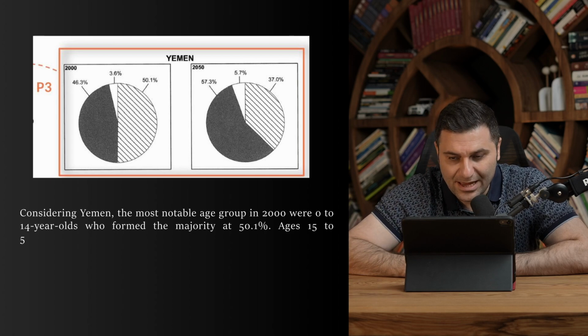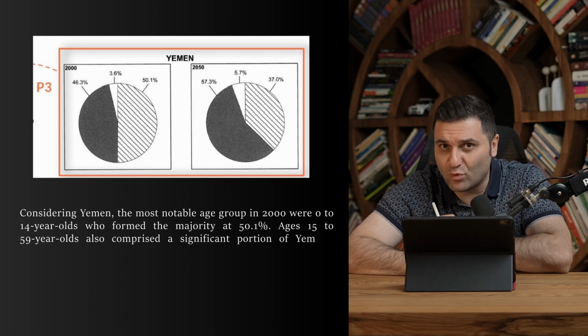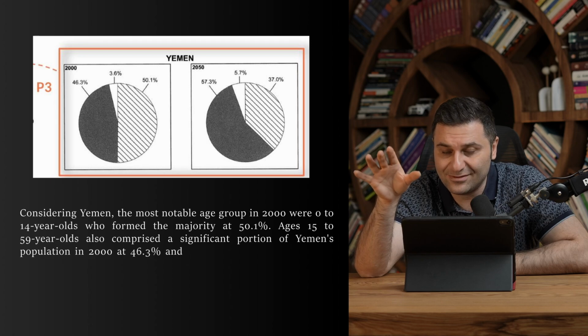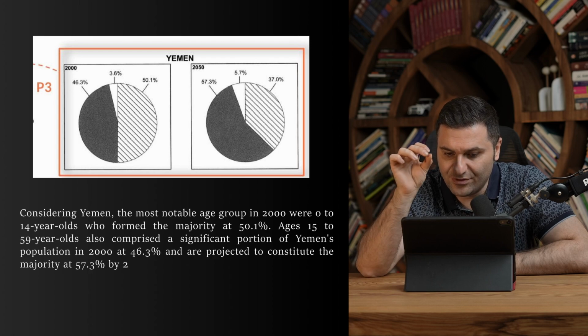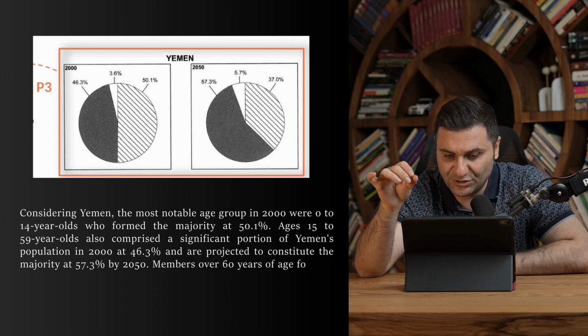So considering Yemen, the most notable age group in 2000 were 0 to 14-year-olds who formed the majority at 50.1%. Ages 15 to 59-year-olds also comprised a significant portion of Yemen's population in 2000 at 46.3% and are projected to constitute the majority at 57.3% by 2050.